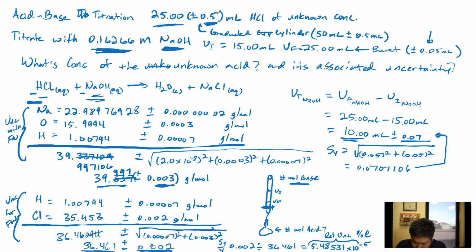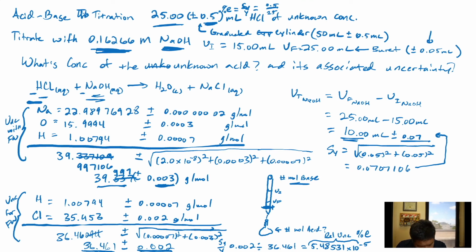And so changing that to relative uncertainty is easy as pi. Remember, relative uncertainty or percent uncertainty here equals SY over Y, and that equals then the 0.5 divided by the 25.